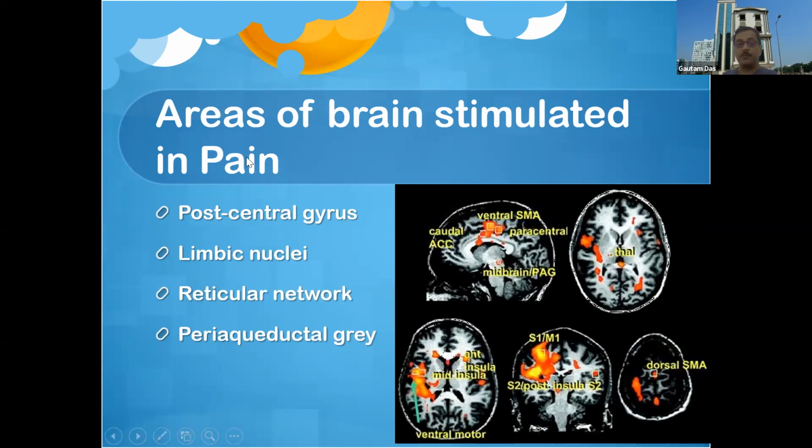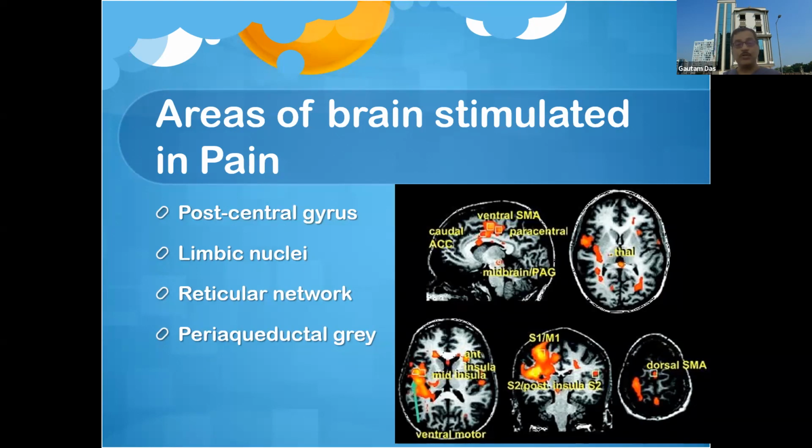The post-central gyrus starts firing, explaining the physical component, and the limbic nuclei also start firing in different parts of the brain, explaining the emotional component. So we cannot describe a pain which doesn't have an emotional component.